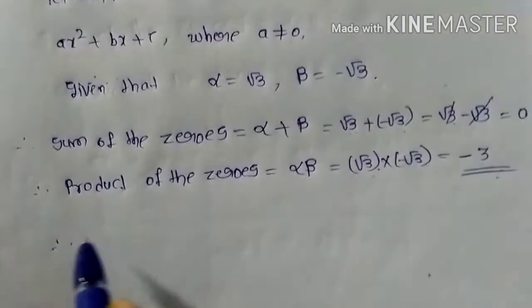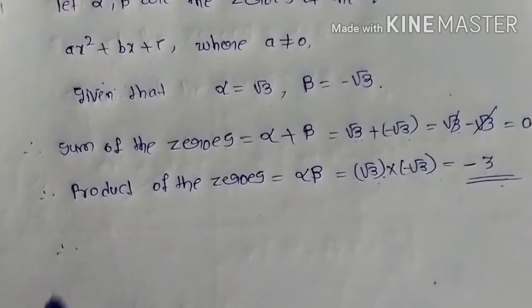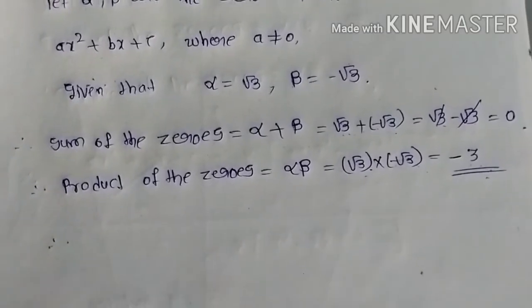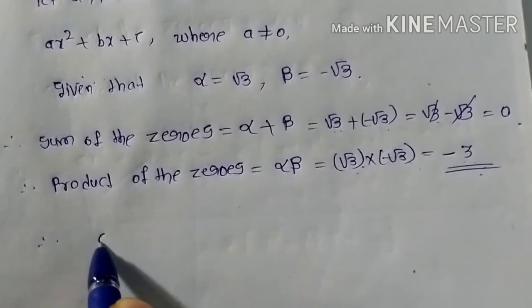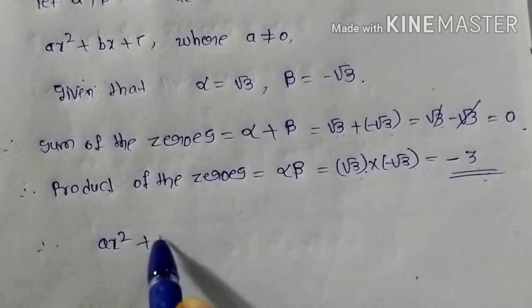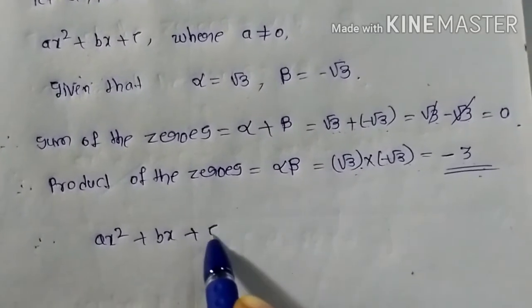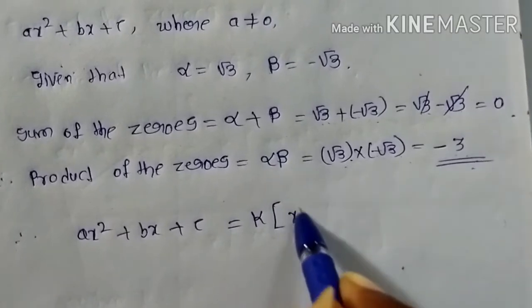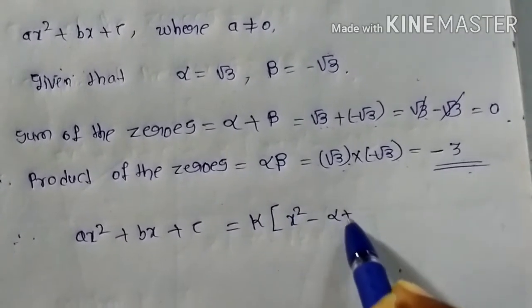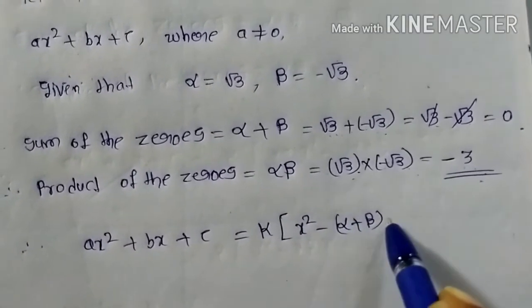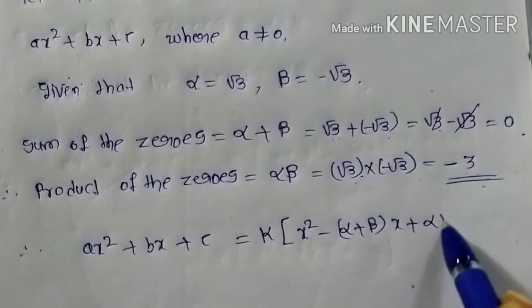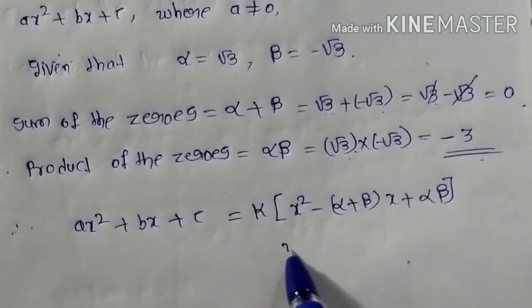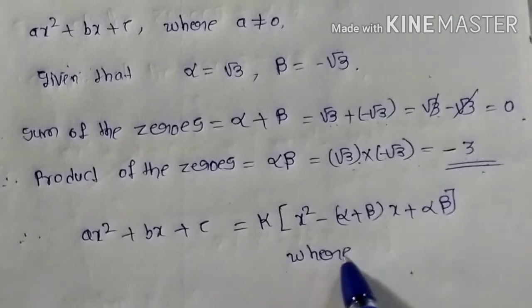Just you know that, see, what is the general form of a quadratic equation? See, the quadratic polynomial x square plus bx plus c is equal to k into x square minus of alpha plus beta into x plus alpha beta, where k is a constant.